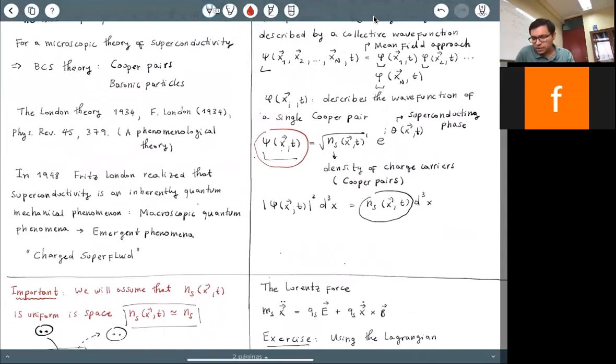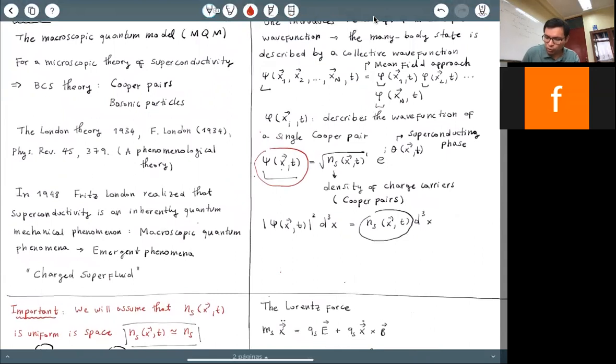So keep this in mind, try to think a bit more about it. The physical foundation for that is that we have Cooper pairs. We have plenty of Cooper pairs in the ground state of the system, and this is why it is a good approximation to have a macroscopic wave function in this way.